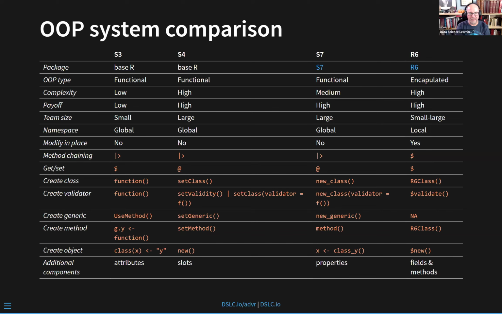There's a little bit of hand wavy complexity, but I would say S7 probably isn't quite as complicated as S4, just because S4 has the weird multiple inheritance stuff.